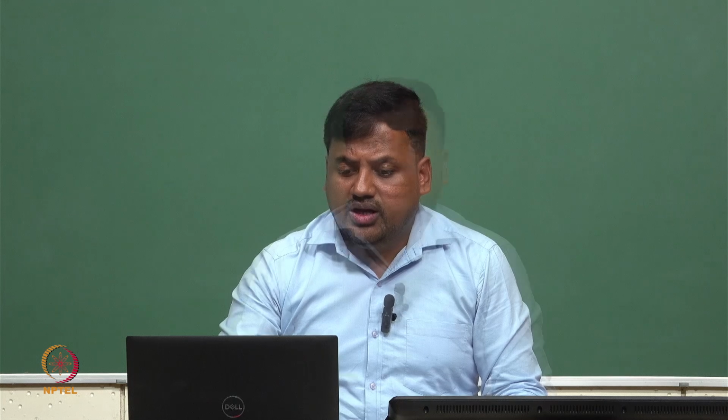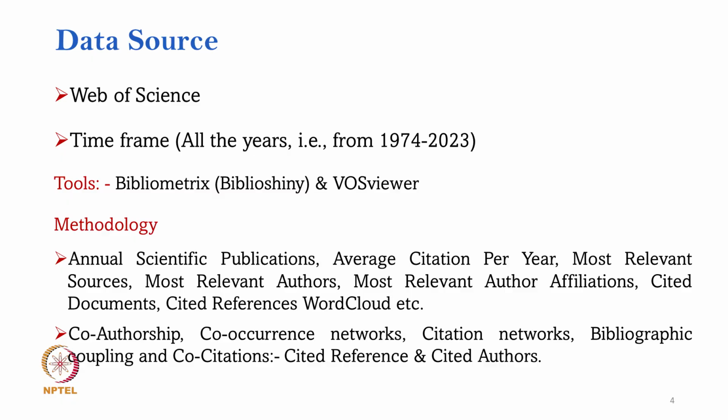With this, we have considered analyzing the research impact of the journal from Web of Science data, for the period 1974 to 2023, meaning we consider all the journal articles published during this period.